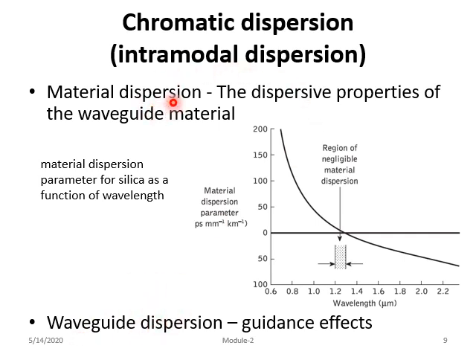So we can elaborate more on material dispersion. If the question is asked on chromatic dispersion, then I certainly have to explain material dispersion and also waveguide dispersion. So these factors are very important.